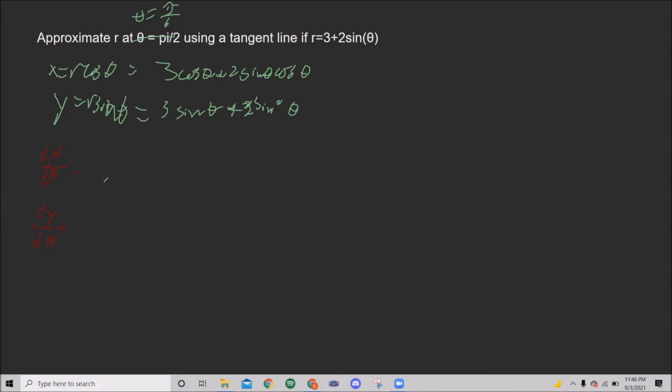So dx d theta, as I just said, is the derivative of x with respect to theta. It's going to be -3 sine theta plus, okay, hold on, -2 sine squared theta plus 2 cosine squared theta.